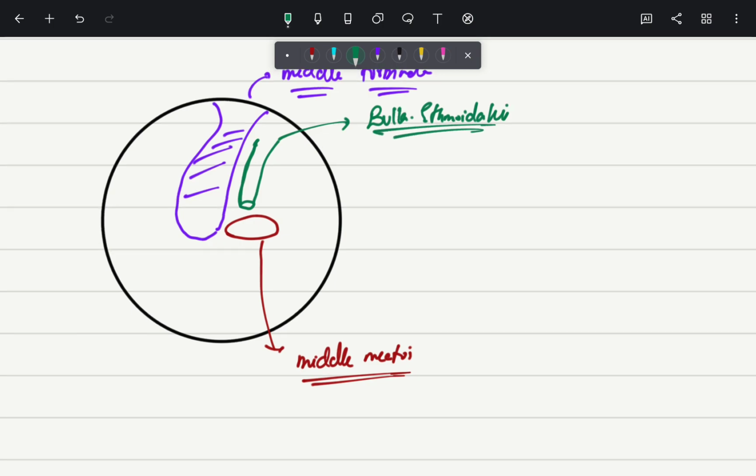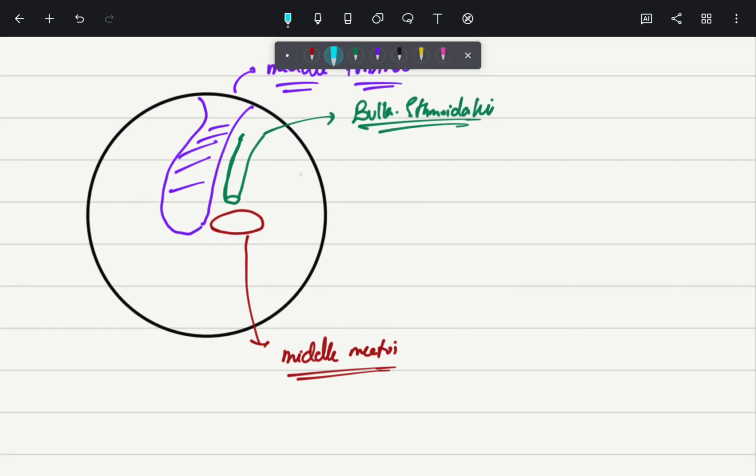Covering this bulla ethmoidalis is one sickle shaped bony process, we'll draw with pink color, which is called your uncinate process. Okay, and this space here, hope you guys can see the space here.